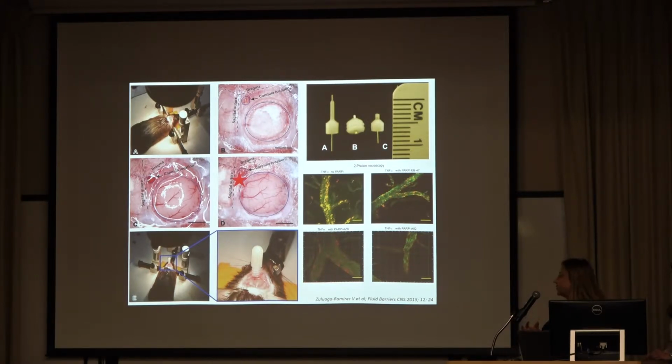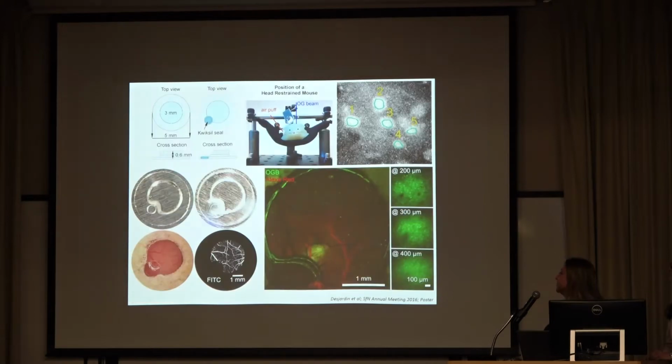So we tried to optimize some of these models and came up with a model that would allow us to image for a longer time without regrowth of the dura, and also allow injection of several substances so that we can use them in combination. Here's what we came up with. This is a glass plaque on the left upper side, and next to it there's a glass plaque with a silicone seal, which looks like this.